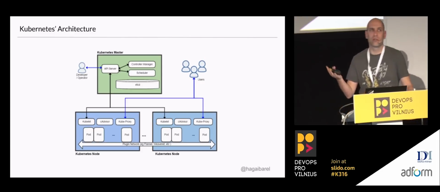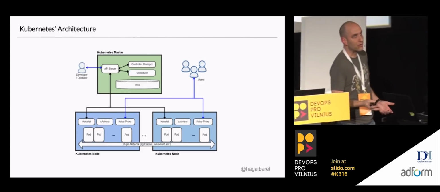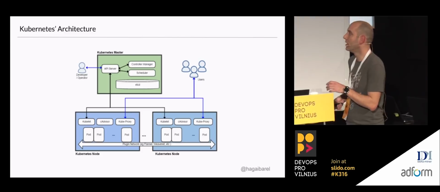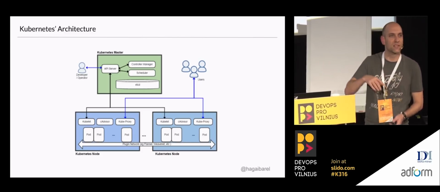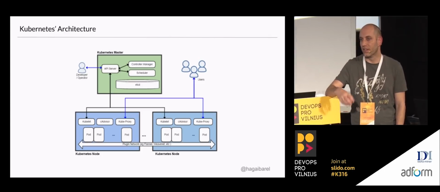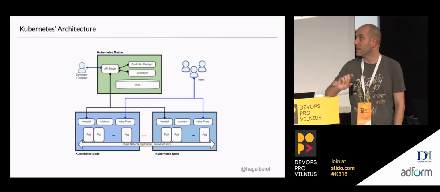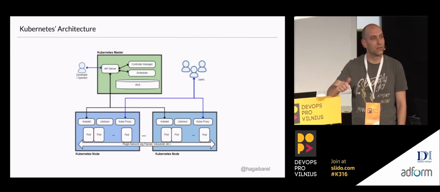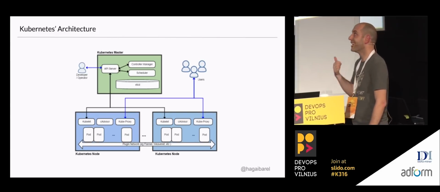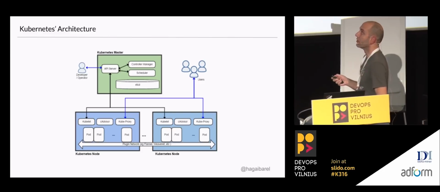It can be Docker, it can be rkt, it can be any other supported container runtime. There's also the kube-proxy, which naturally proxies requests. It's the component that does all the traffic relaying between various nodes inside the cluster, internal cluster traffic and external traffic to our users.